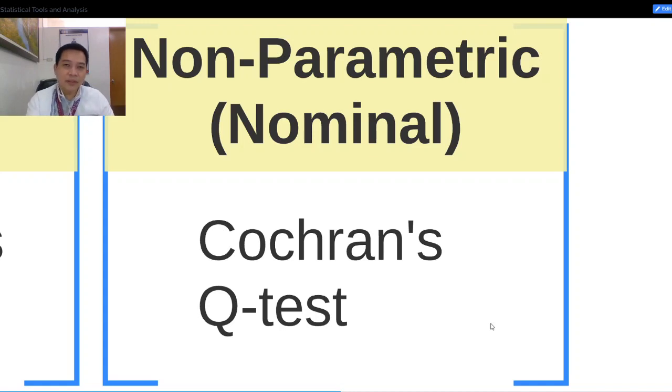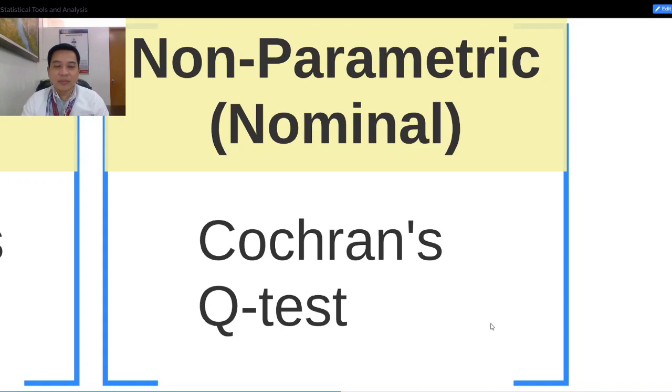But when you talk about parametric tests, you are looking only at t-test and ANOVA here. T-test when you're comparing only two sets of data. ANOVA when you're already dealing with three or more sets of data. Again, that's the mnemonic for this.